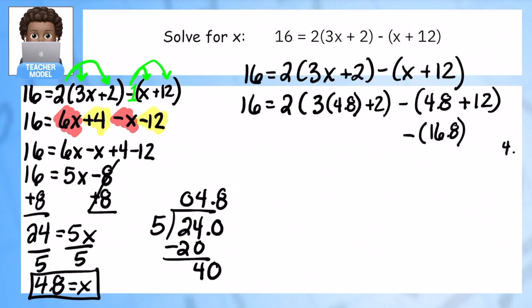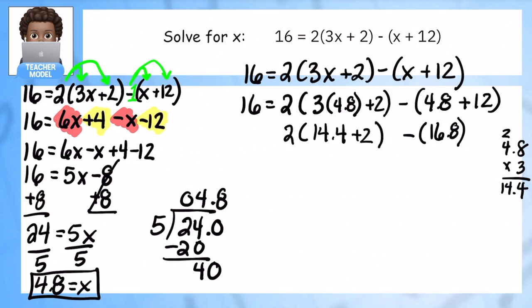4.8 times 3, 24. 4 times 3 is 12, plus 2 is 14. So 14.4. There we go. So 2 times 14.4 plus 2, close parentheses.